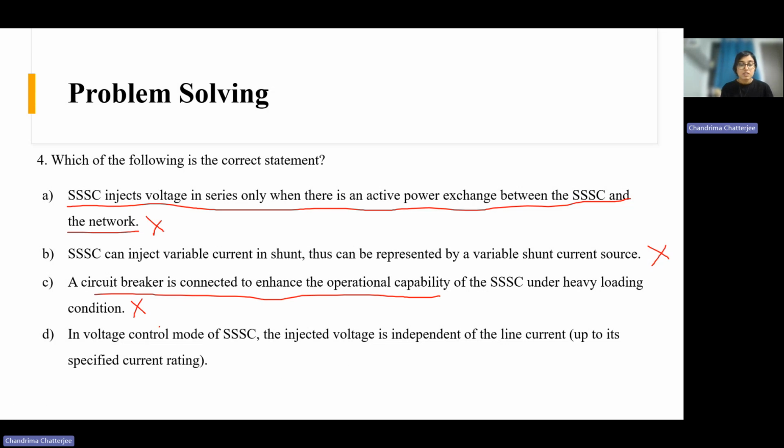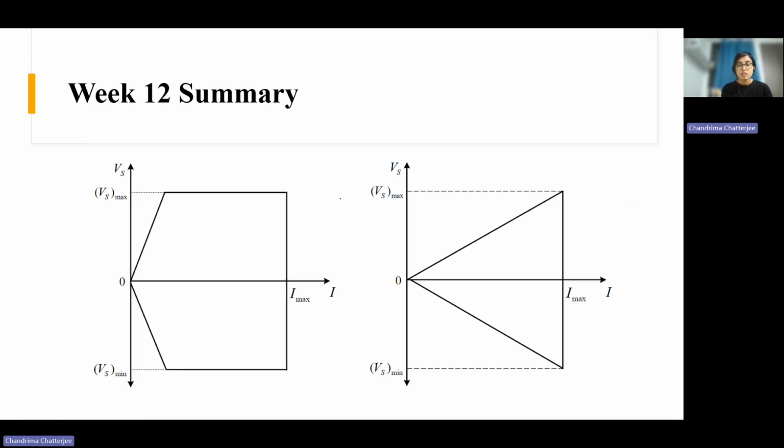The last one. In voltage control mode of SSSC, the injected voltage is independent of the line current. What is voltage control mode of SSSC? That we will have to understand. If you remember, for STATCOM also we saw the control characteristic.